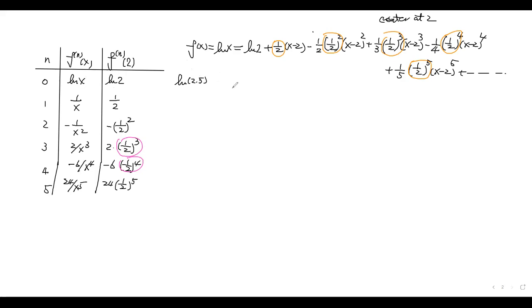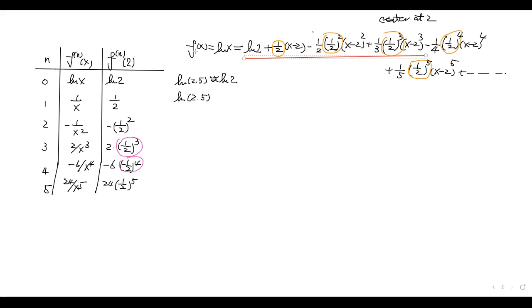The first term here will just be the natural log 2. Now I'm using the first 4 like the others here, right? They say the first 4 non-zero terms, so 1, 2, 3, 4. I stop here.